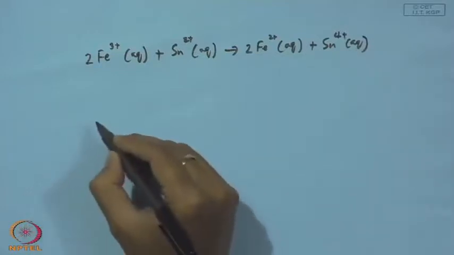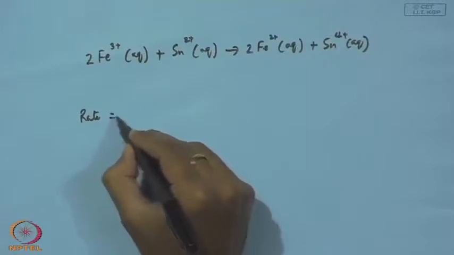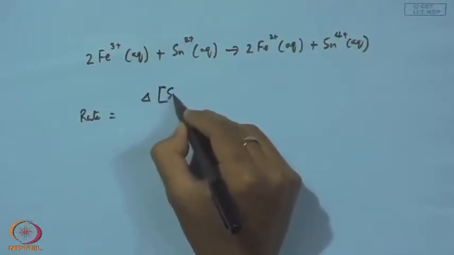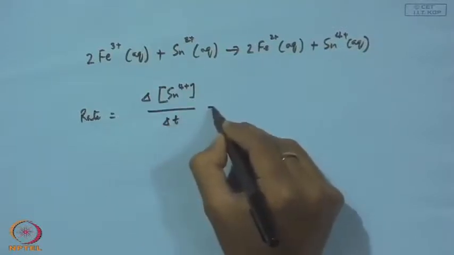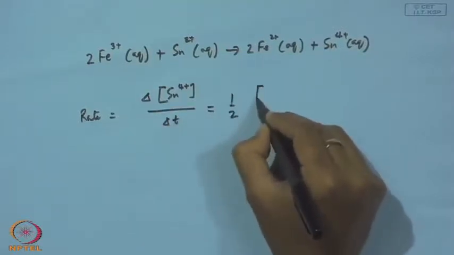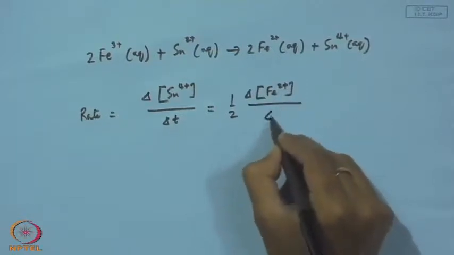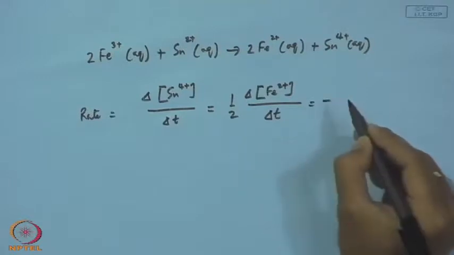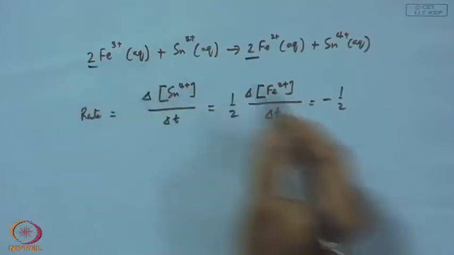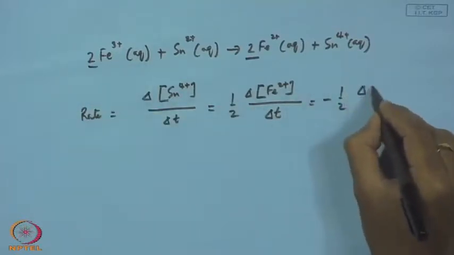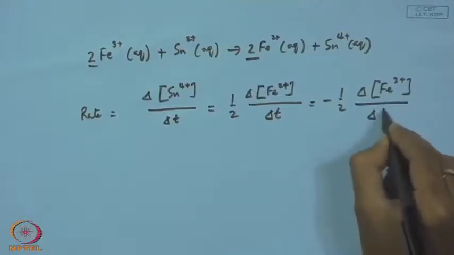Then rate will be equal to delta of concentration of Sn4+ by delta t, which is equal to half delta of concentration of Fe2+ by delta t, which is equal to minus half, because it is 2, this stoichiometric coefficient half, therefore, delta of Fe3+ divided by delta t.